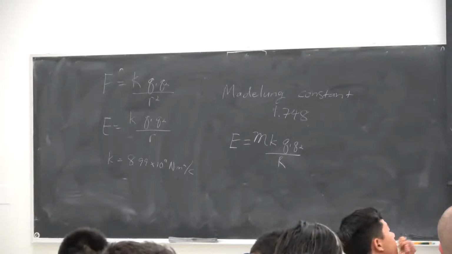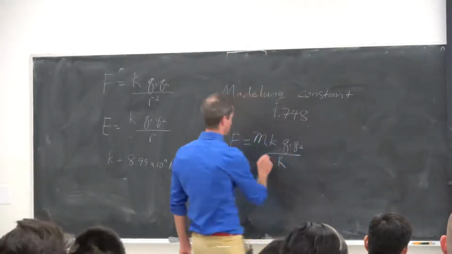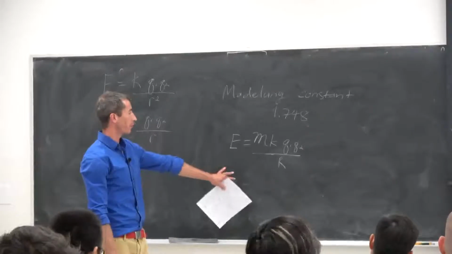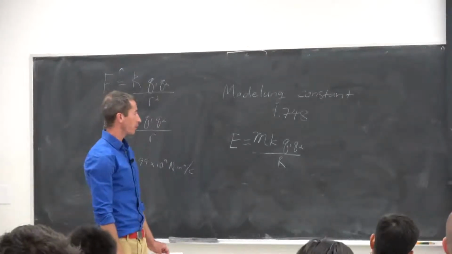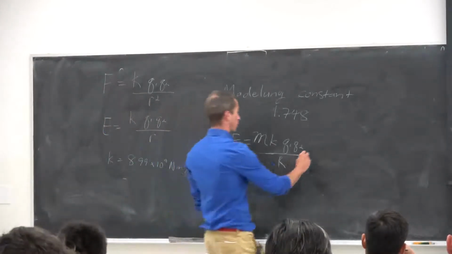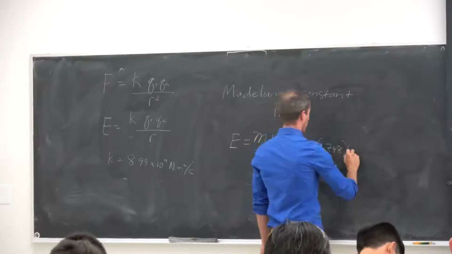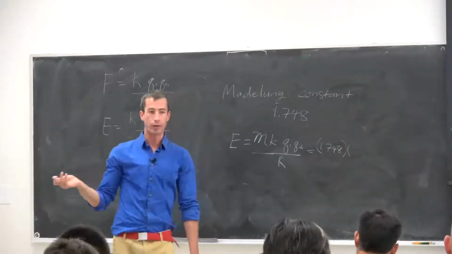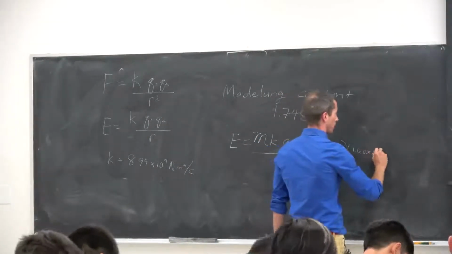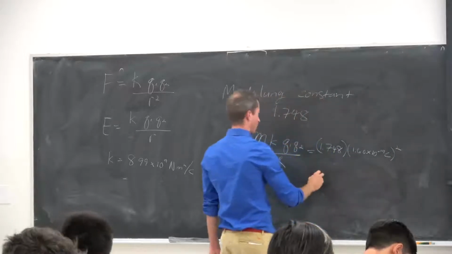Okay. So if the book just drops it like this, if we were to calculate this for sodium chloride, it would be 1.748 times, these are both monovalent, right? So 1.6 times 10 to the negative 19th coulombs squared.